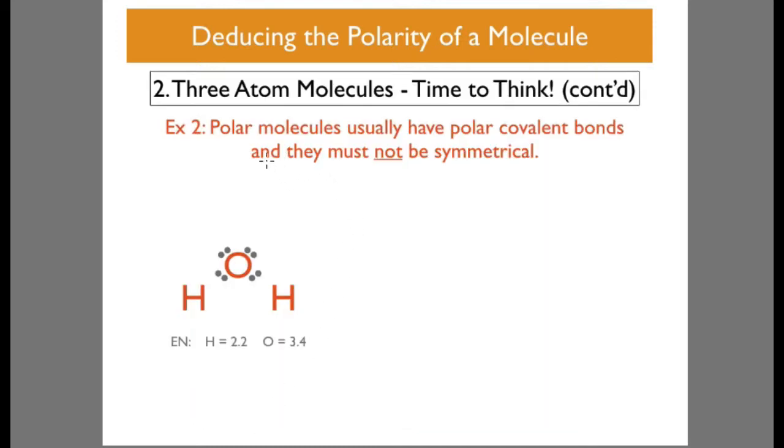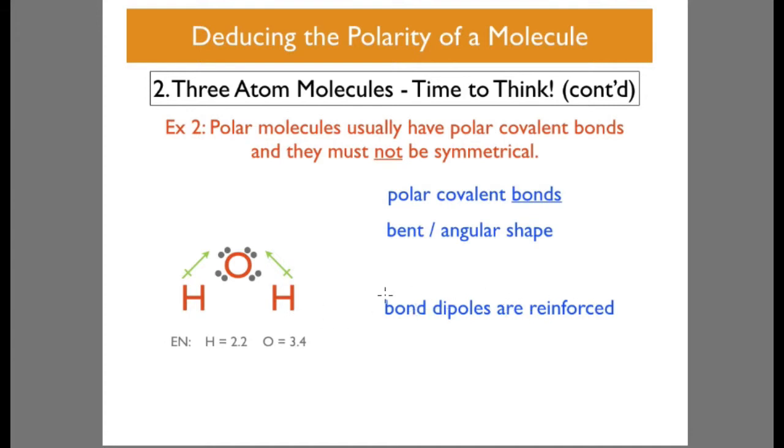Okay, let's have another look. Let's look at water. Polar molecules usually have polar covalent bonds, and they must not be symmetrical. So we've got polar covalent bonds because the oxygen is more electronegative than the hydrogen, 2 of them. There's a bent angular shape to the molecule.